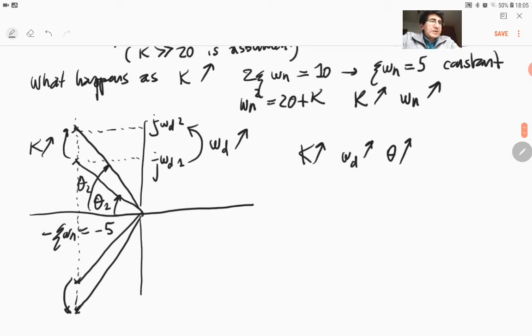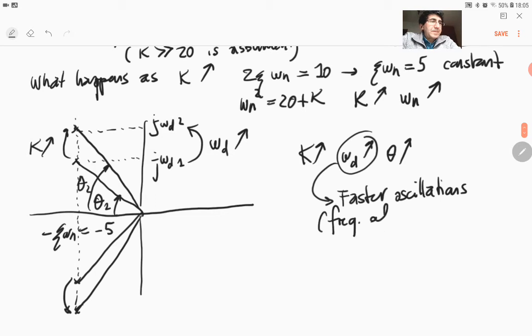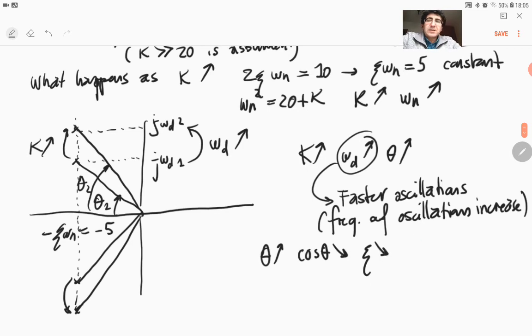Omega d increased means faster oscillations, so the frequency of oscillations increases. And as theta is increased, we know that cosine theta is decreased, therefore psi is decreased. And that means the percent maximum overshoot, Mp percent, increases.